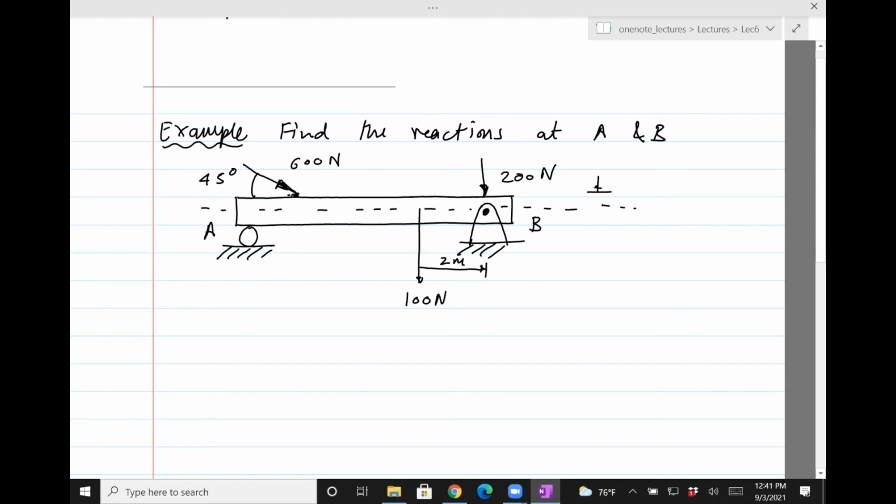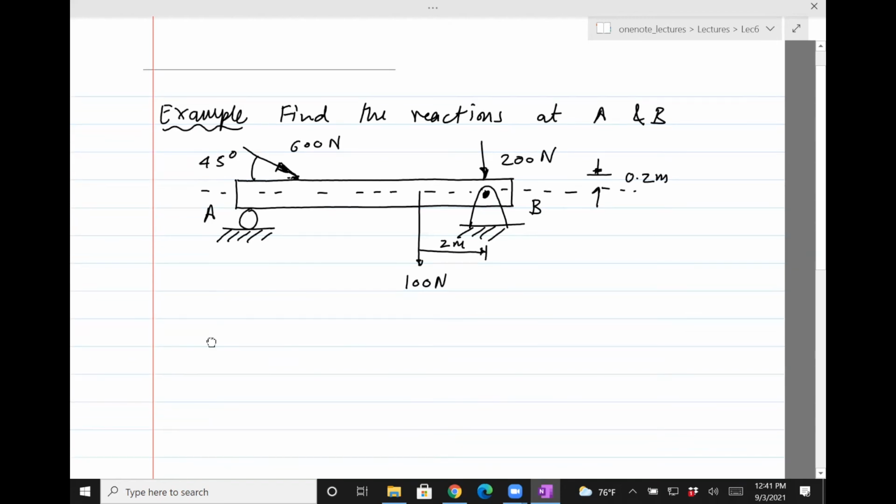And so the distance between the surface and the midline is 0.2. So remember that this pin joint is at the middle. Okay, so there are three forces. So let's start with the free body diagram.